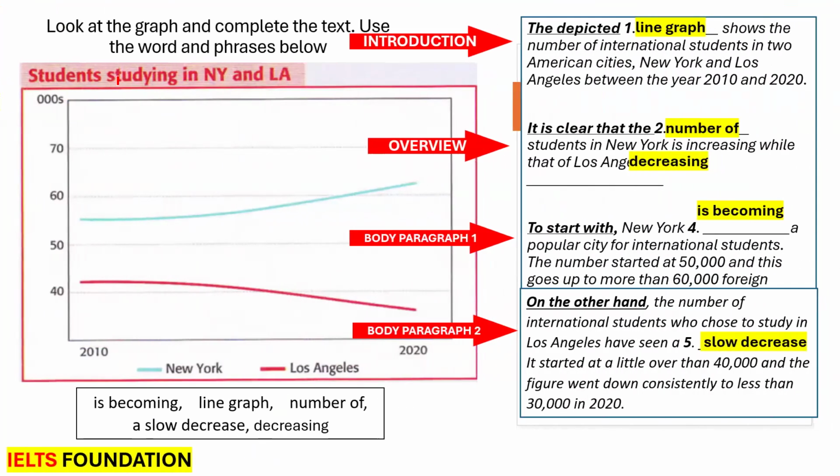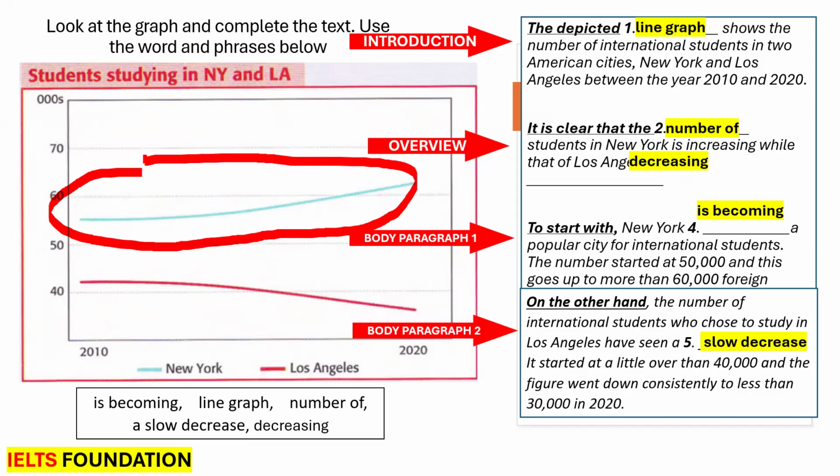So normally, right, I mean, not normally, but for basic writing in IELTS writing or IELTS foundation, we normally group the information top to bottom.